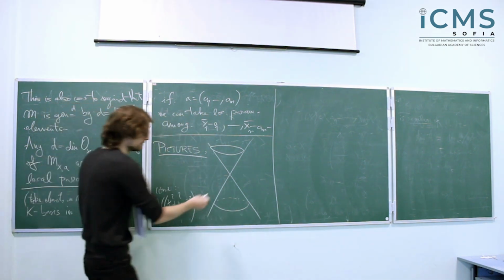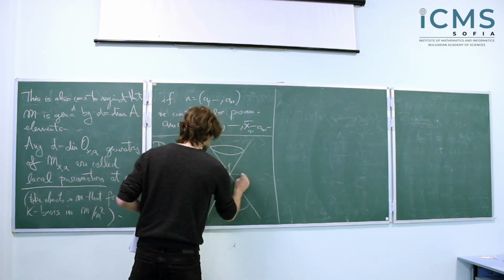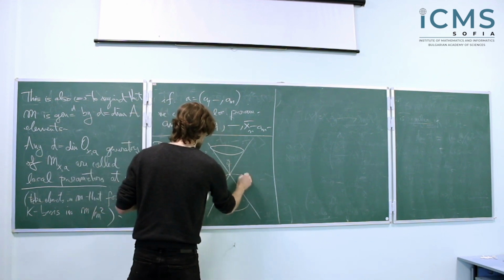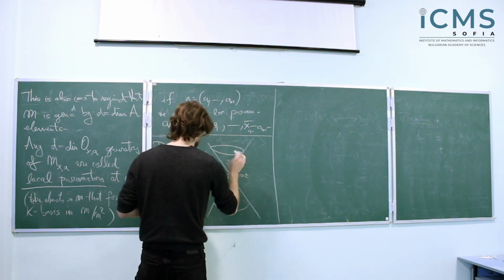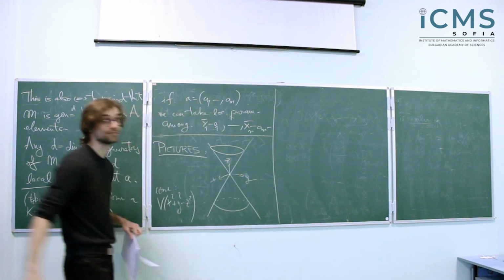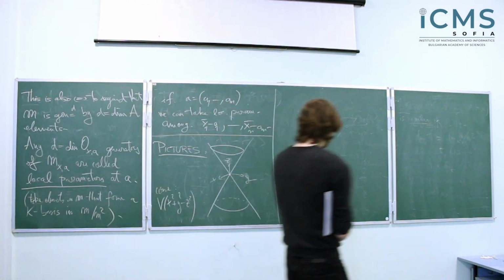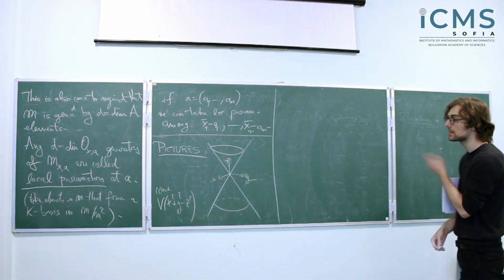A cone, right? That goes through the origin, x, y, wait, no, sorry. Z here, y, yeah, I don't know why. Like this. So how do we look for the singular points for a variety?